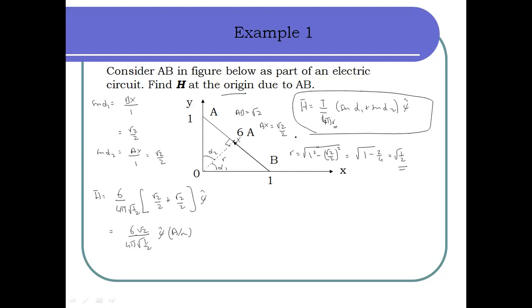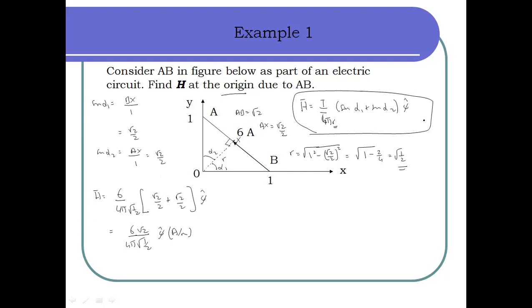But in this particular case, the line current is not located on the z-axis; it is located in the x-y plane. So you have to rework what the direction of phi should be now.